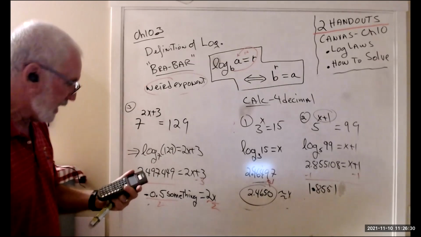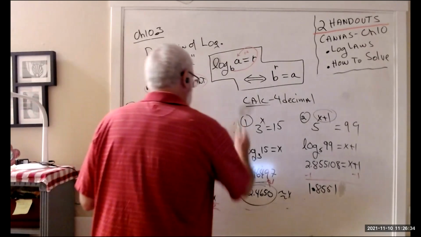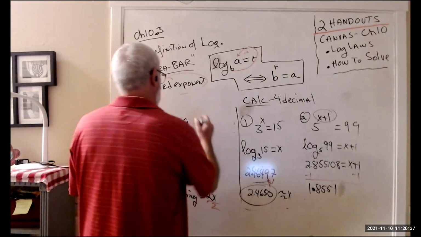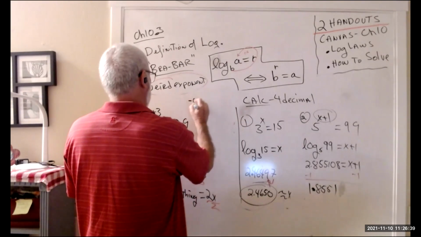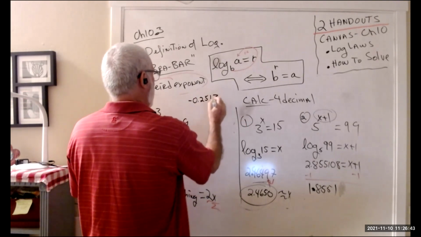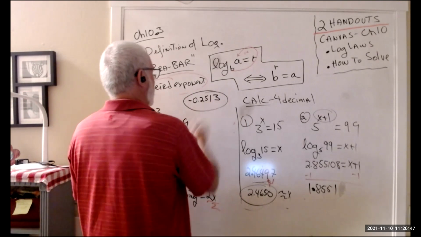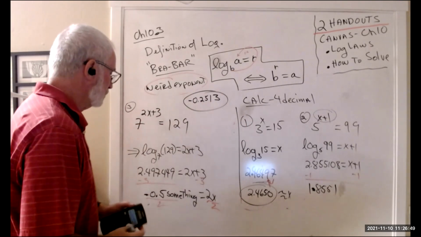Okay, and I get negative 0.251. I've rounded it to 4 places.